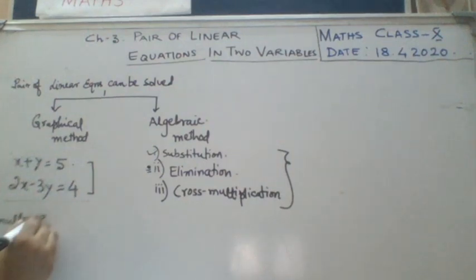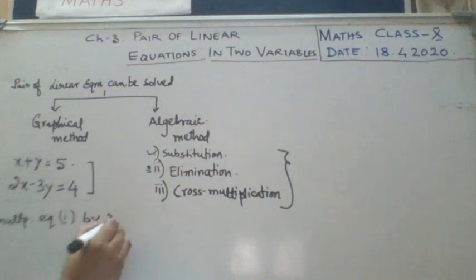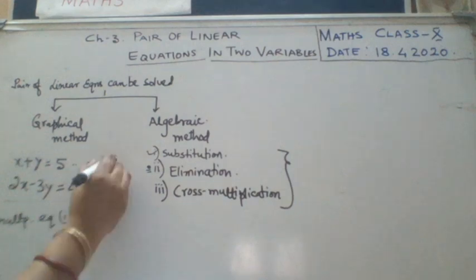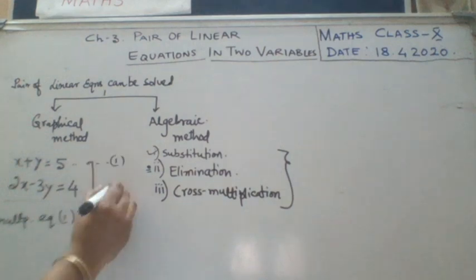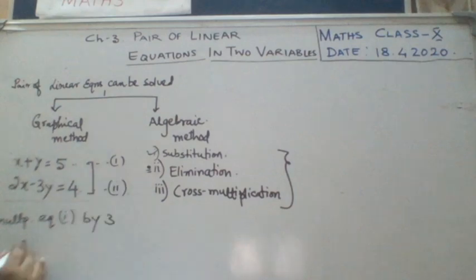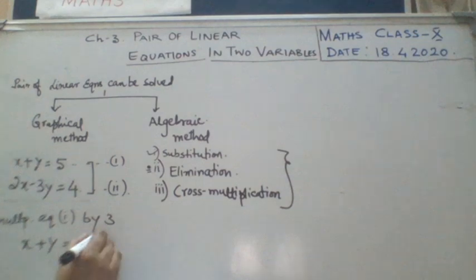So for that, we multiply equation 1 by 3. This is equation number 1 and this is equation number 2. x plus y equal to 5, we multiply this by 3. So what do you get?